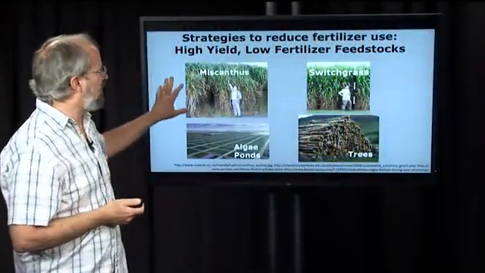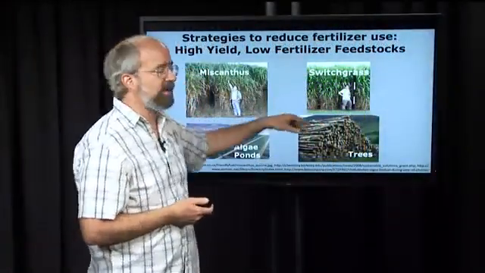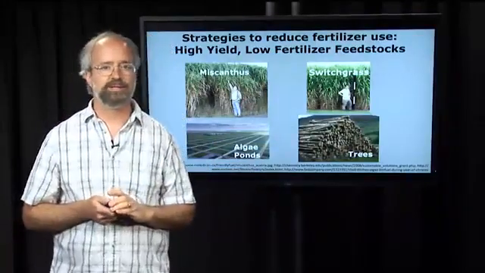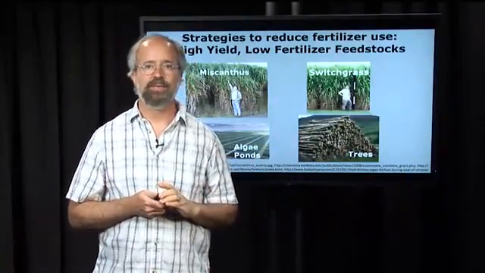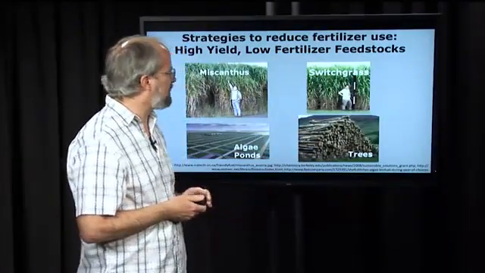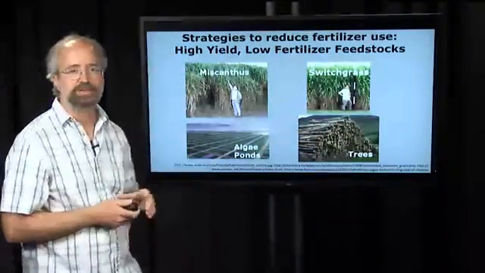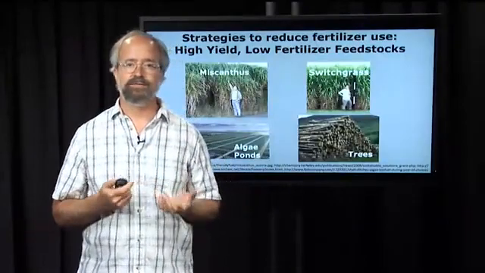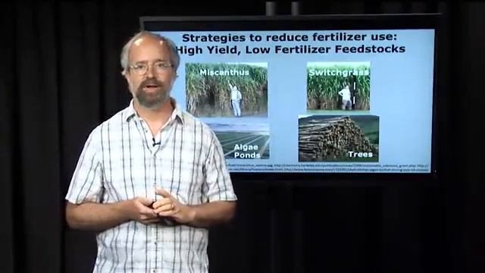Some of these are miscanthus and switchgrass. These are grasses, and grasses tend to grow extremely well on low fertilizers. Trees would be another possibility. And then algae ponds, because algae are very efficient at utilizing nutrients and grow very rapidly.